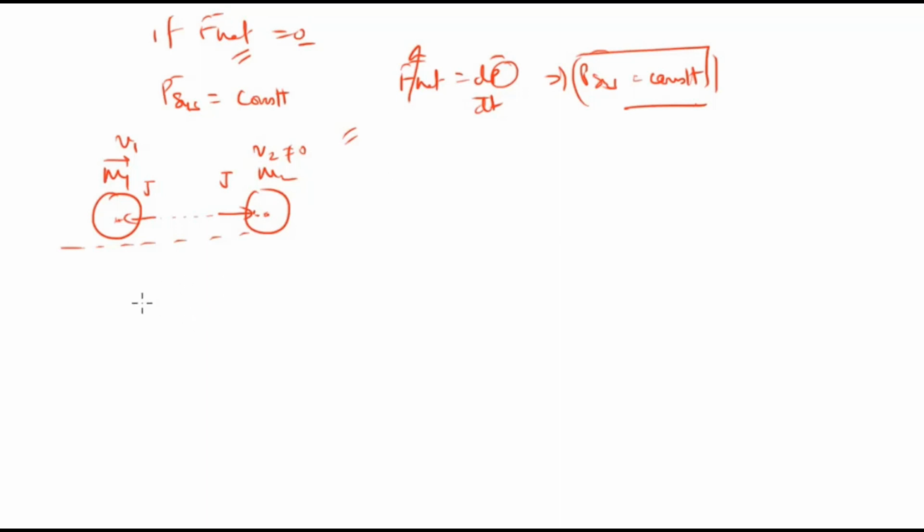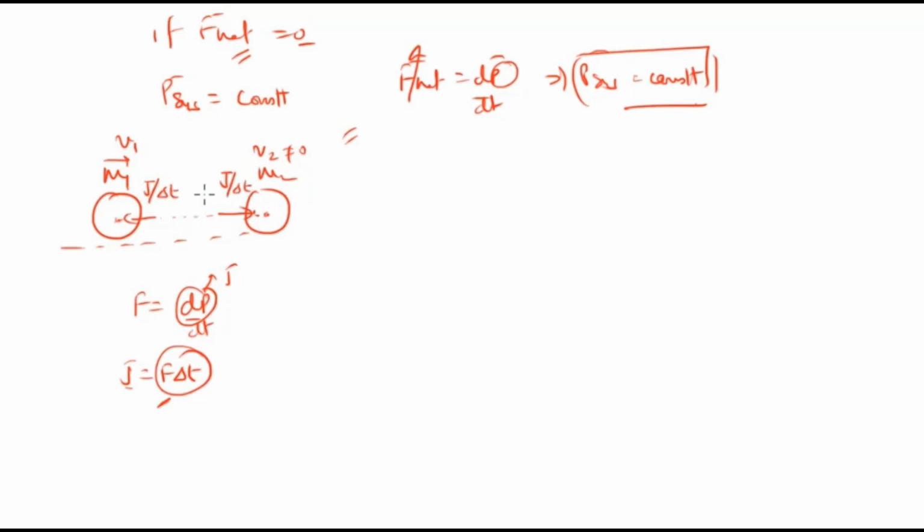We know F is equal to dp by dt, and this dp is your J, so J is equal to F dt. So the force is going to be J divided by delta t, J by delta t on each.